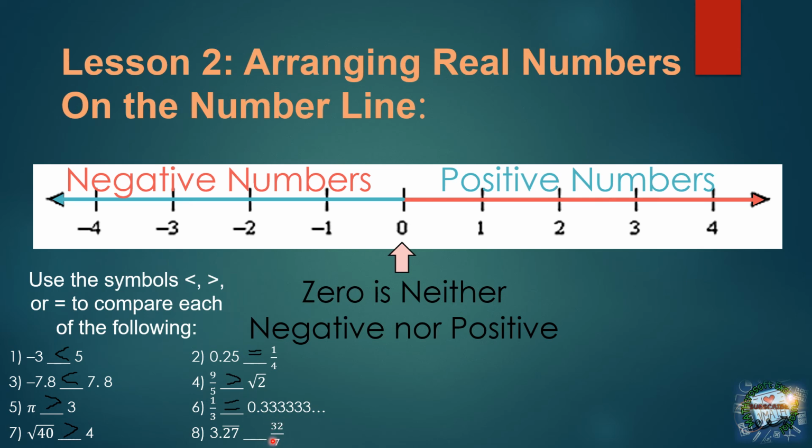So, meaning, mas mataas yung 32/7 compared to 3.272727. So, that means, ang gagamitin nating symbol ay lesser than. So, 3.2727 is lesser than 32/7. Okay?